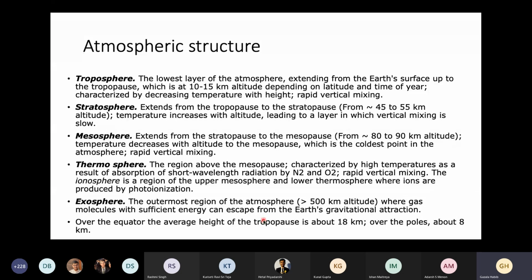But other than that, because we have other pollutants which are added by the different anthropogenic sources, the composition gets complicated. That's why this whole pattern of temperature lapse rate changes sometimes because of the presence of pollutants.